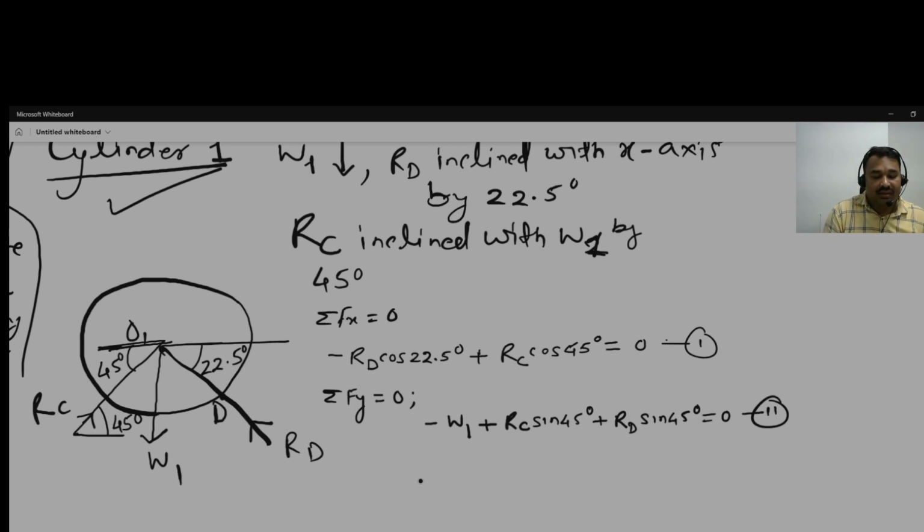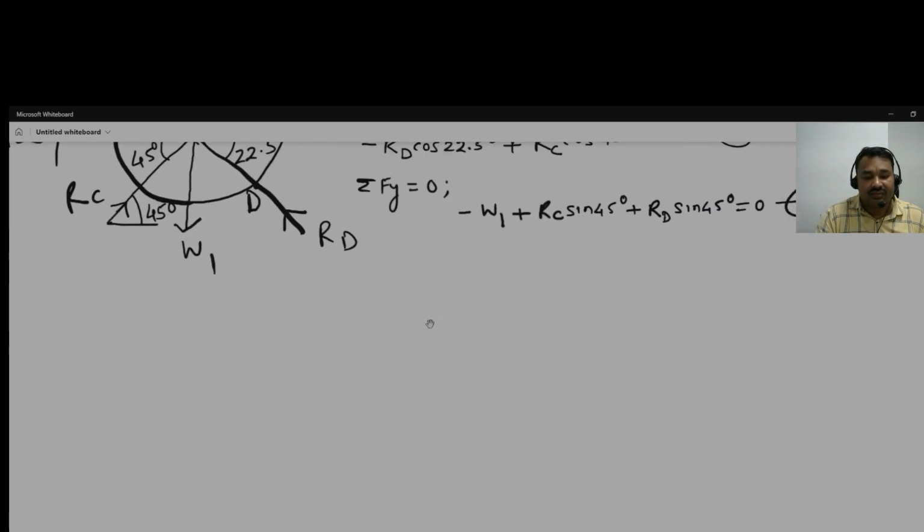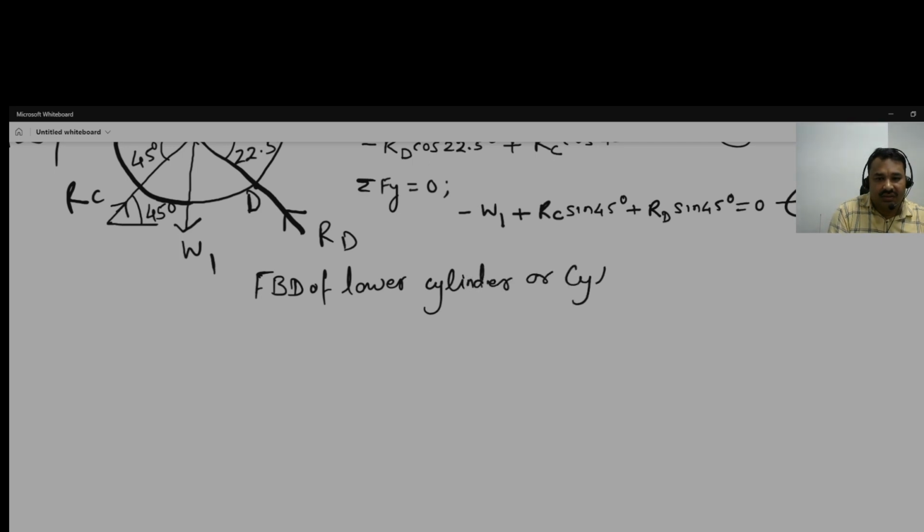Now after this, the FBD of the lower cylinder, or cylinder 2.